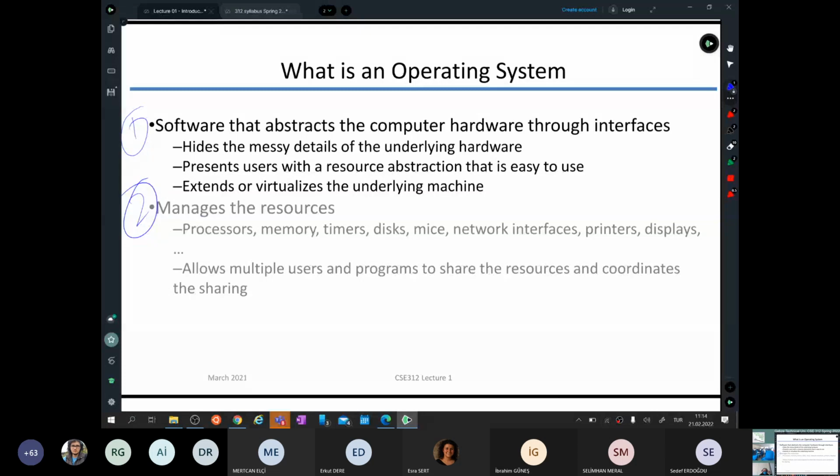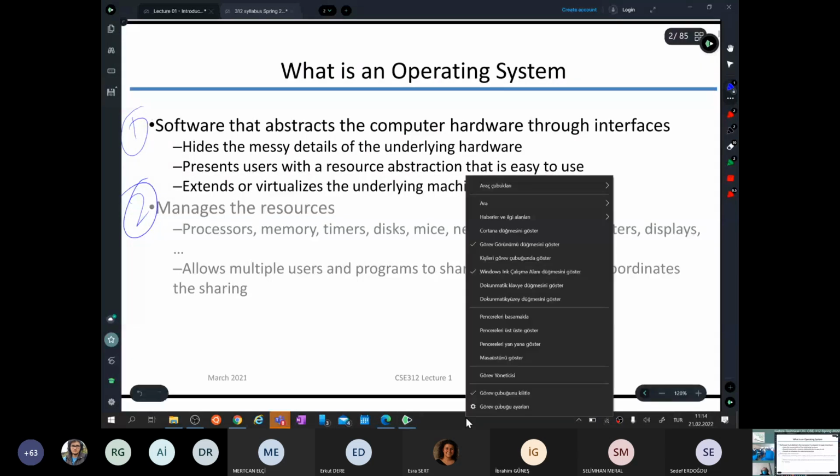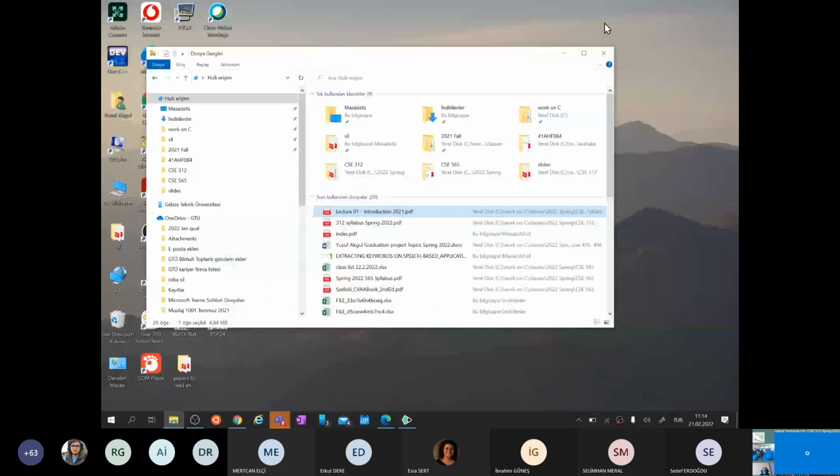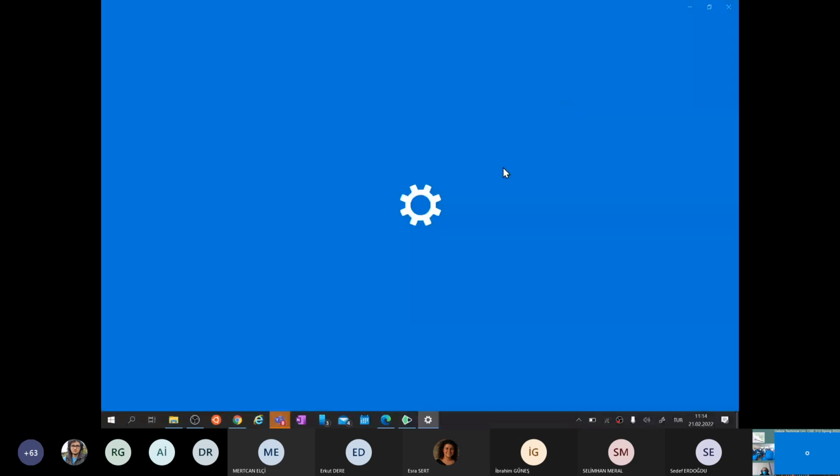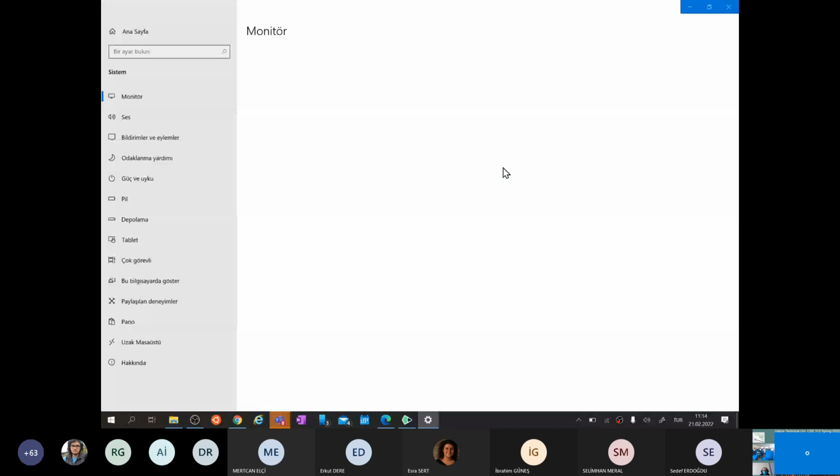I think from the personalization, maybe the screen adjustments. Do you guys see it? Yeah, here it is.